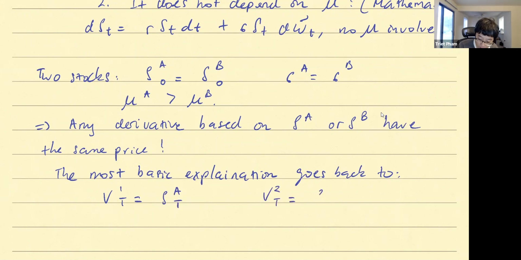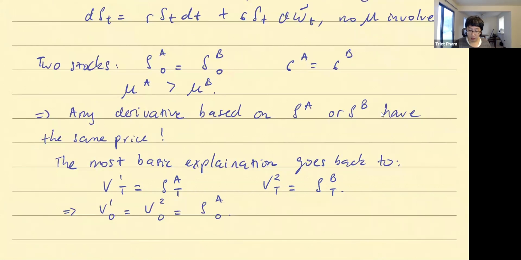The second one pays you one share of stock B at time t. Then clearly both of these derivatives have the same price, which is the price of either of the stock at time zero, because they're equal.